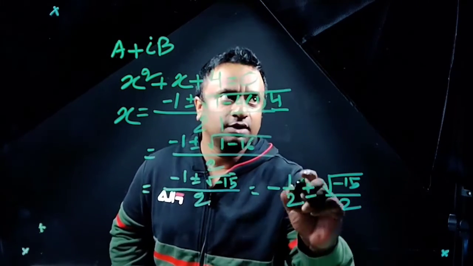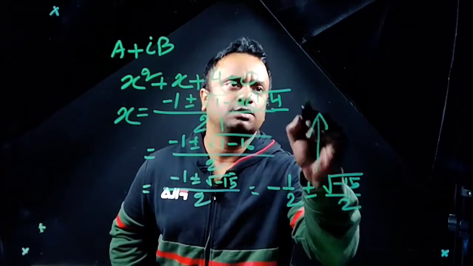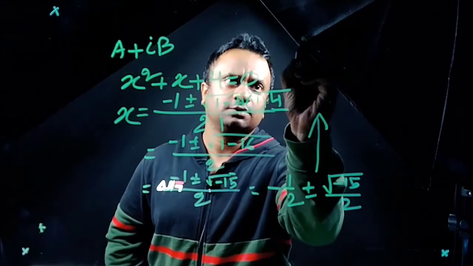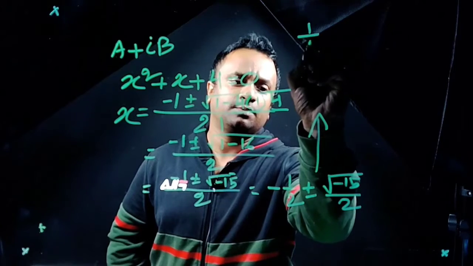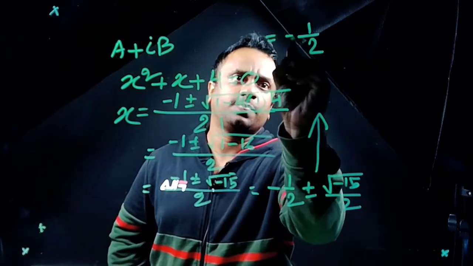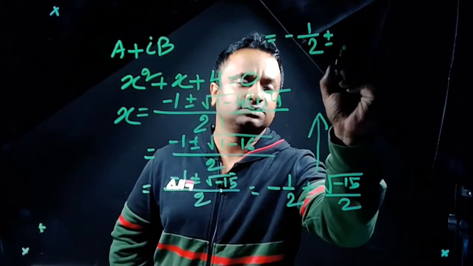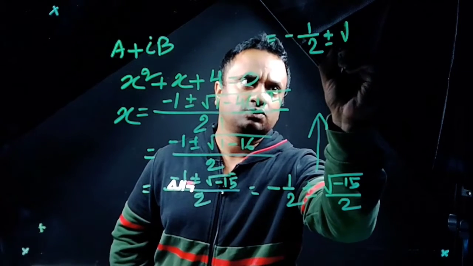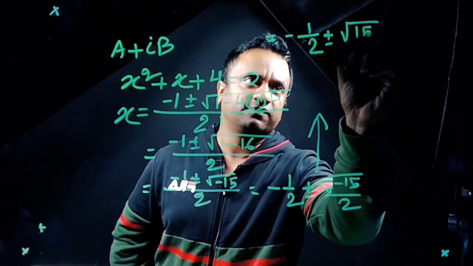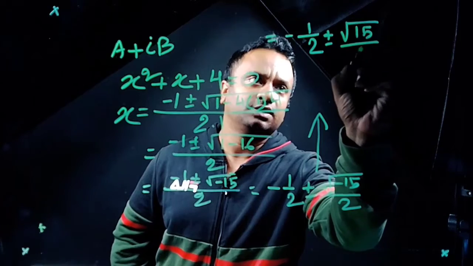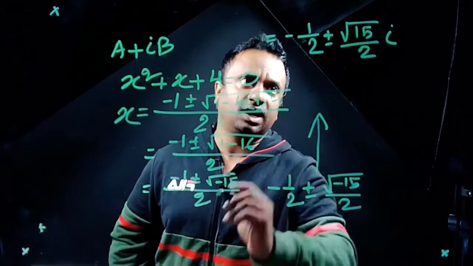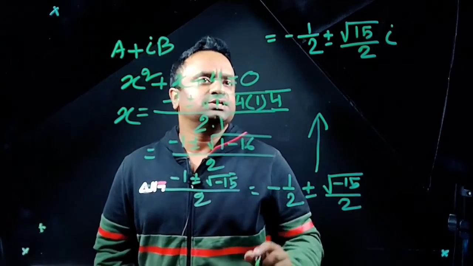So we can express it as -1/2 plus minus the square root of 15 divided by 2, times i.